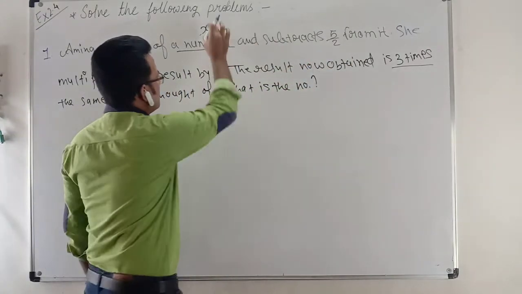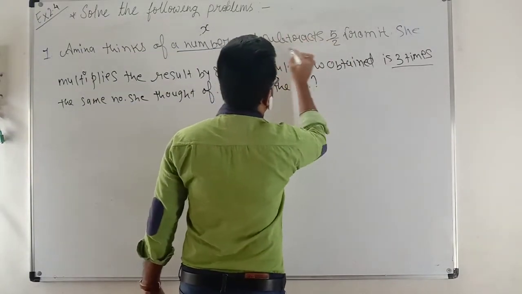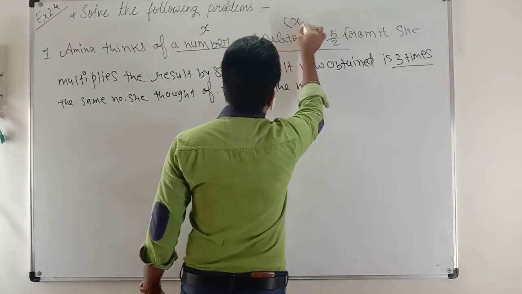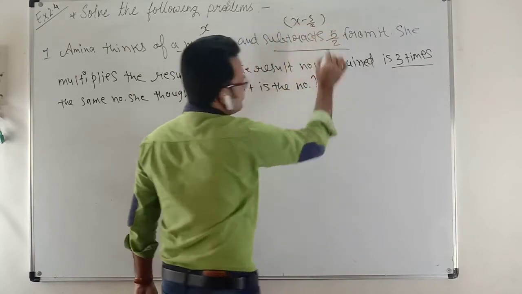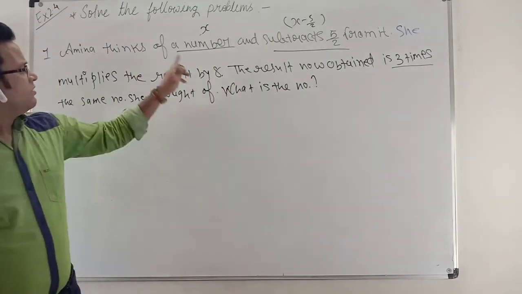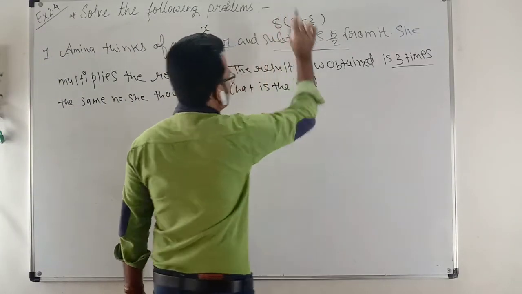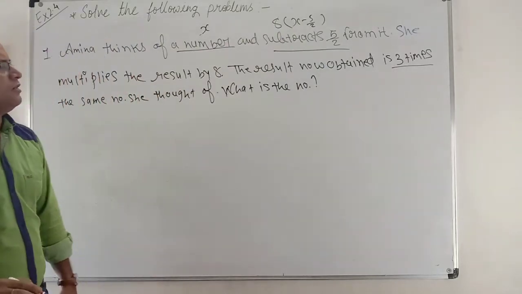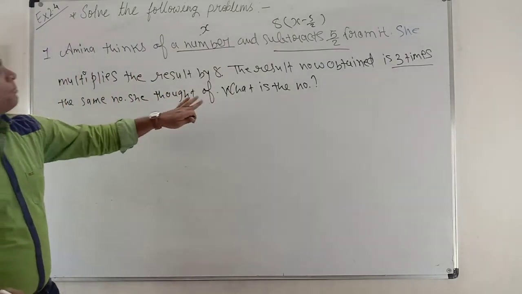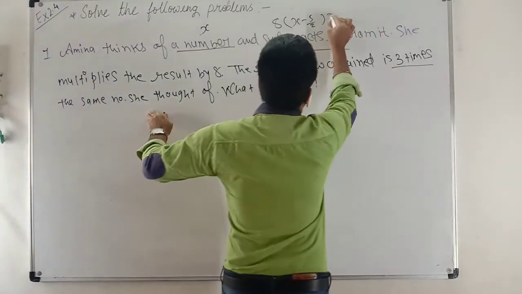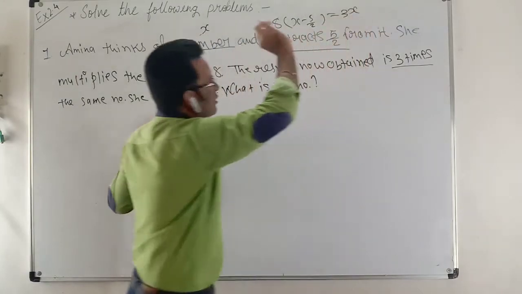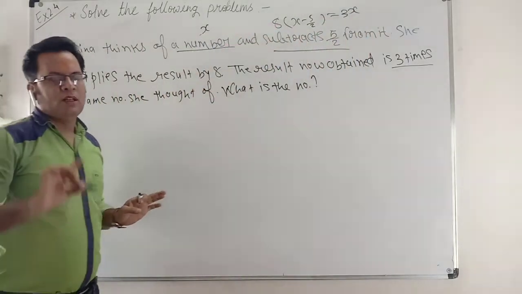From it means from x only. Subtract 5 by 2, so x minus 5 by 2. She multiplies the result by 8, so 8 times x minus 5 by 2. Now the result obtained is 3 times the number, 3 times means 3x. Your equation is done.